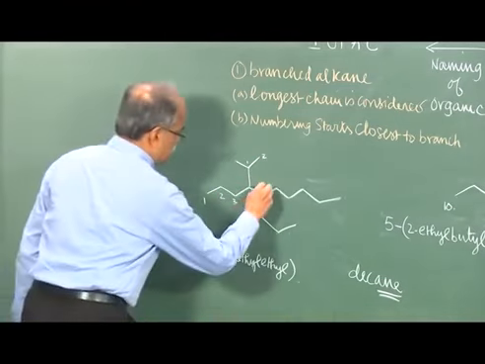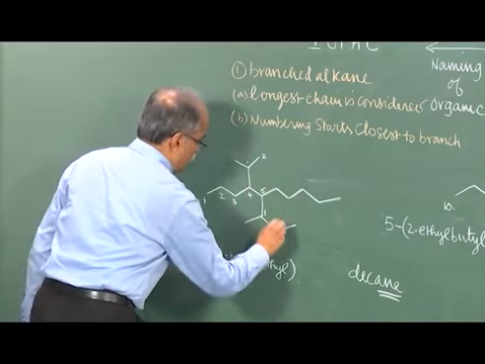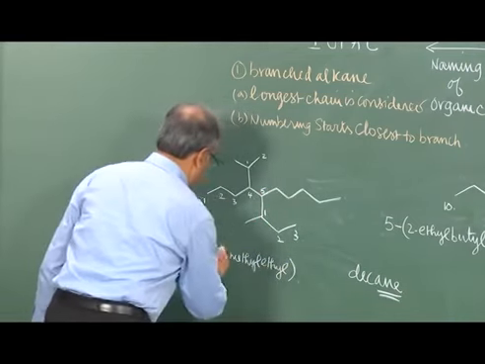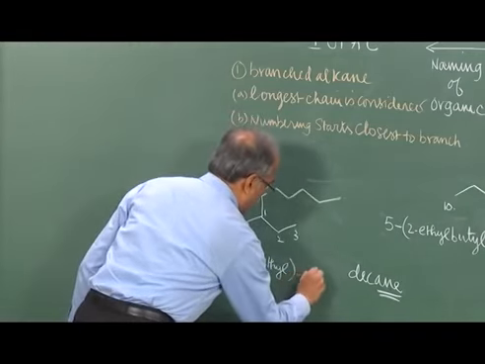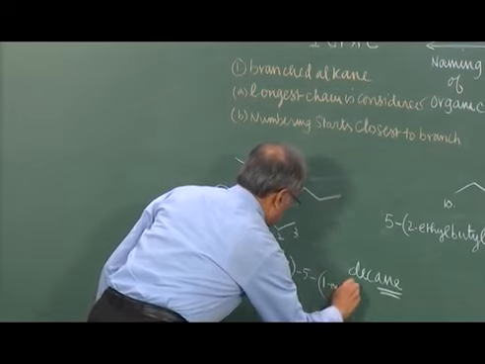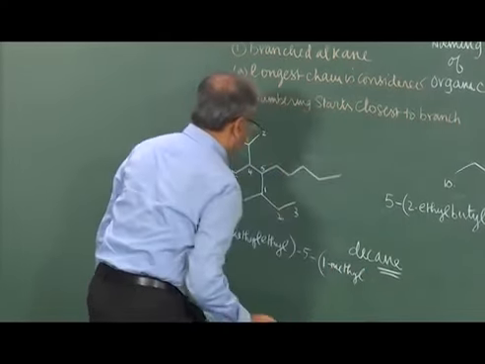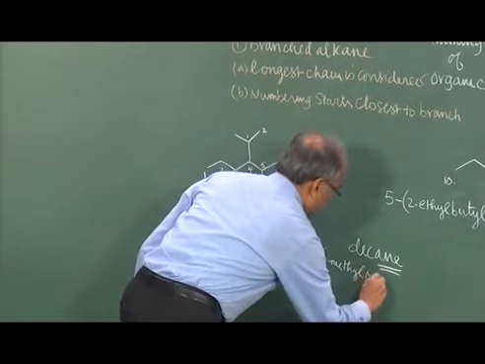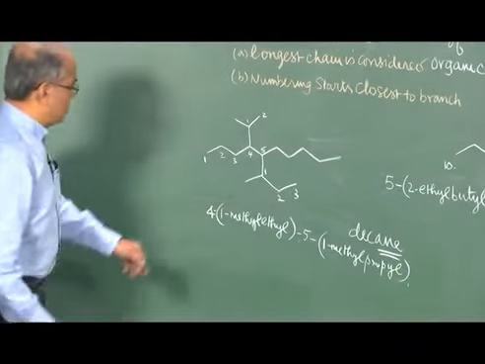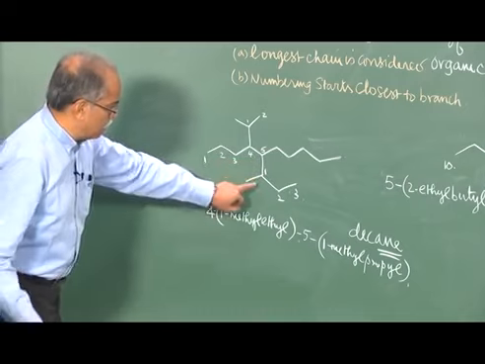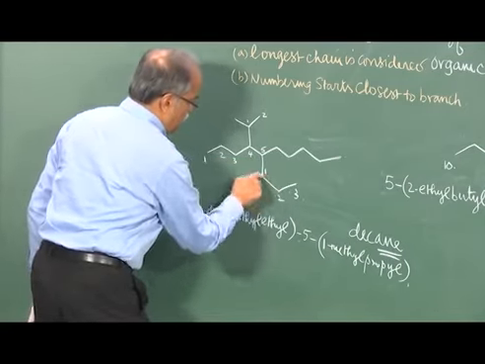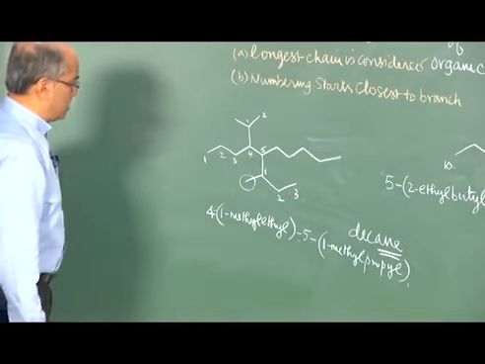In the 5 position, you have again 1-methyl propyl. So, this is a hyphen here, 5, 1-methyl propyl. In the 5 position there is a 1-methyl, this is the methyl group and this is the propyl chain, as attached to the methyl group, for example.